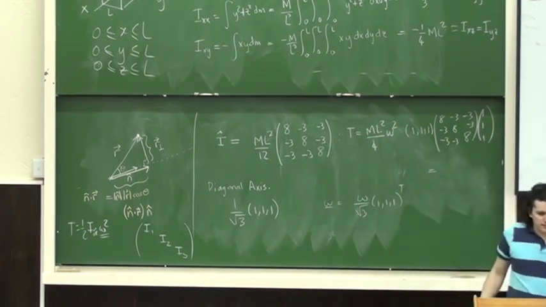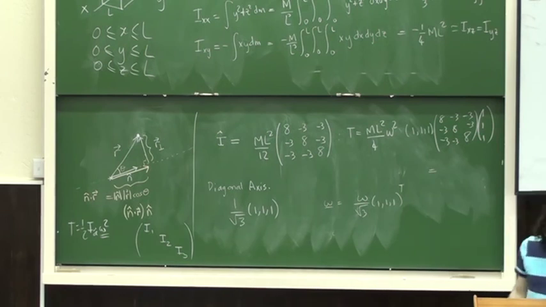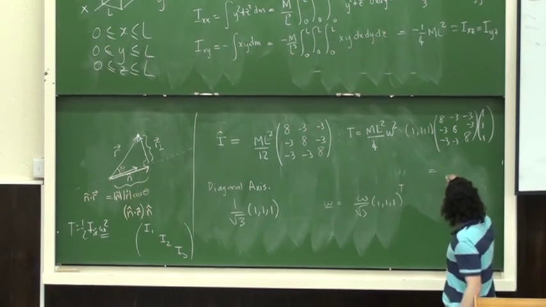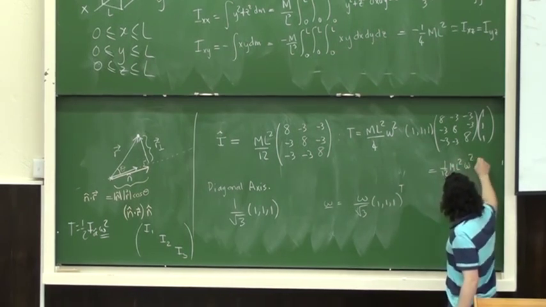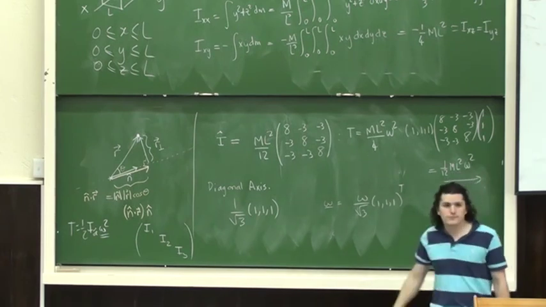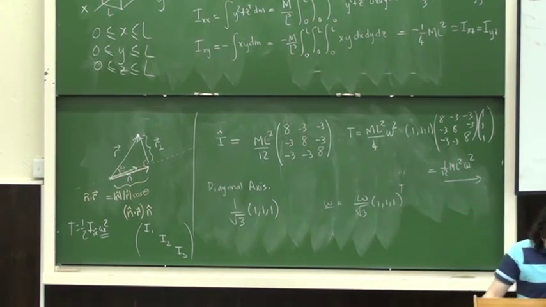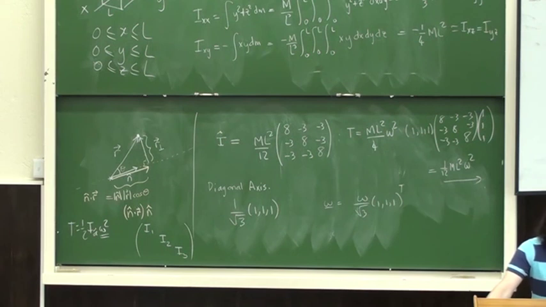Again, I'm extremely lazy. But the answer is 1 over 12 ml squared omega squared. So we've now obtained the kinetic energy when we rotate a cube around this diagonal.